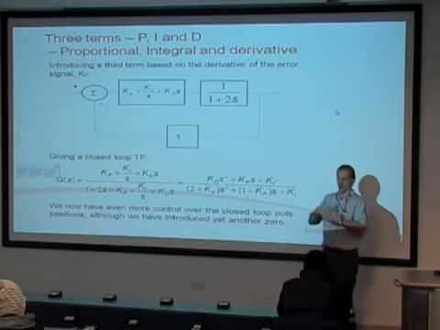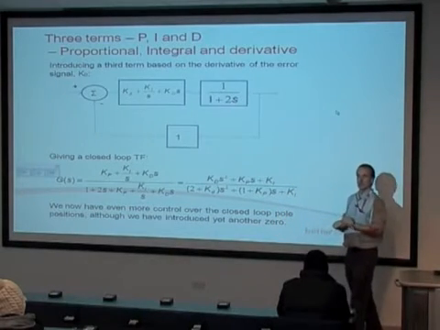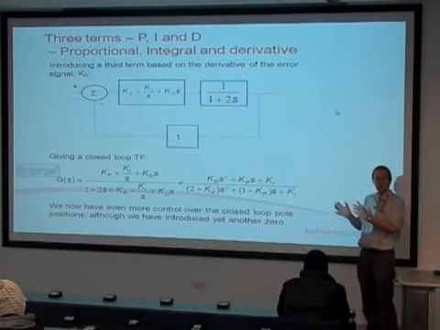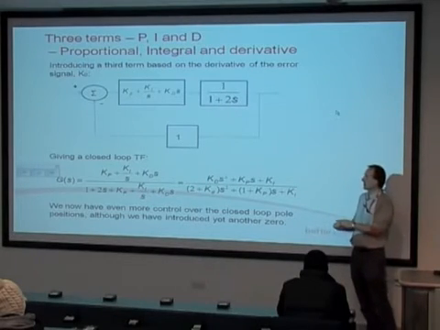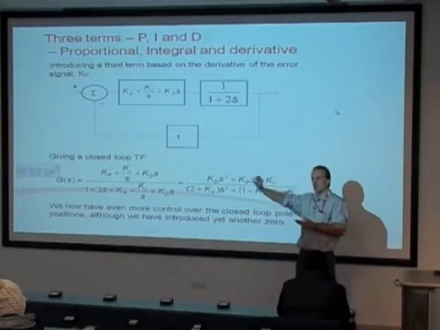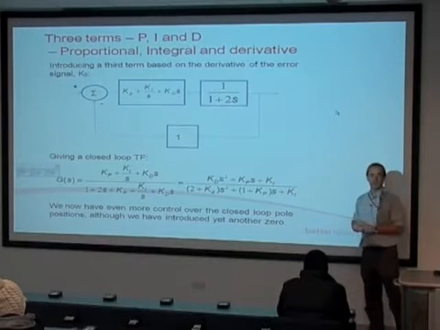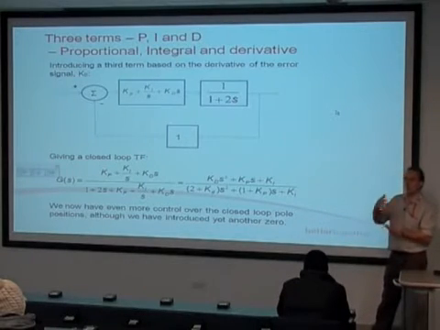Okay? So, we've got a proportional gain that we can change the speed of response of the system. We've got an integral gain that's really quite handy at resolving steady state problems. And we've got a differential gain which allows us to respond to rates of change.